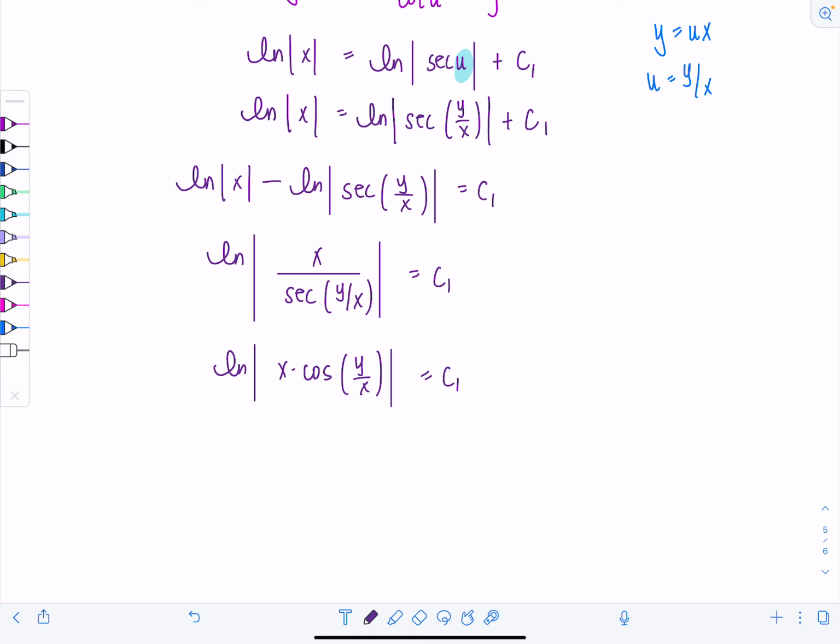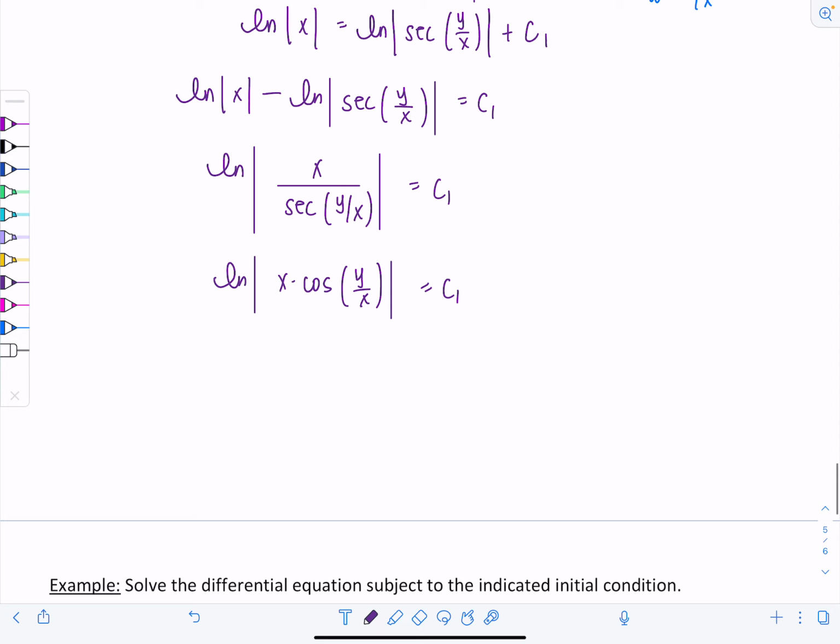Let's rewrite this in exponential form, yeah? So we have e raised to the c1 equals absolute value x times cosine of y over x. If I drop the absolute value, then that means I have plus or minus e to the c1 equals x times cosine y over x.